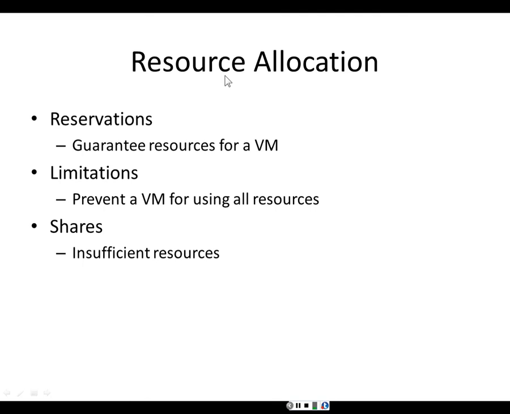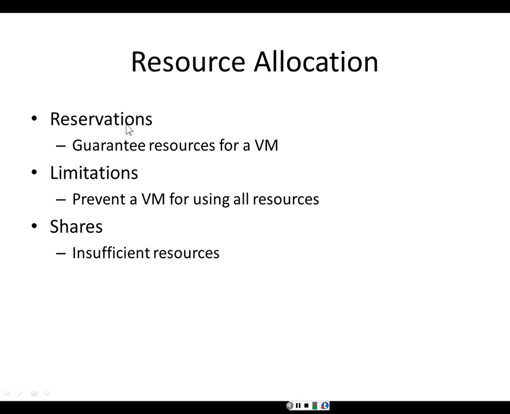So, resource allocation. Reservations guarantee a certain amount of resources for a virtual machine. Limitations prevent a virtual machine from gobbling up all of the resources from everybody else. And shares are used to proportionally distribute resources when certain virtual machines are more important than others.